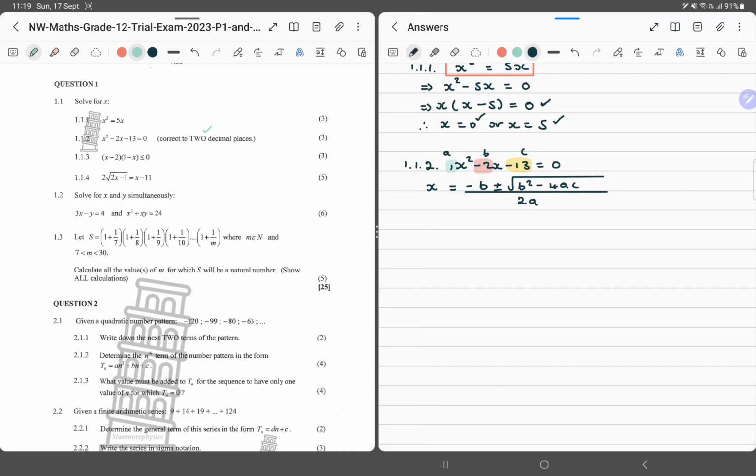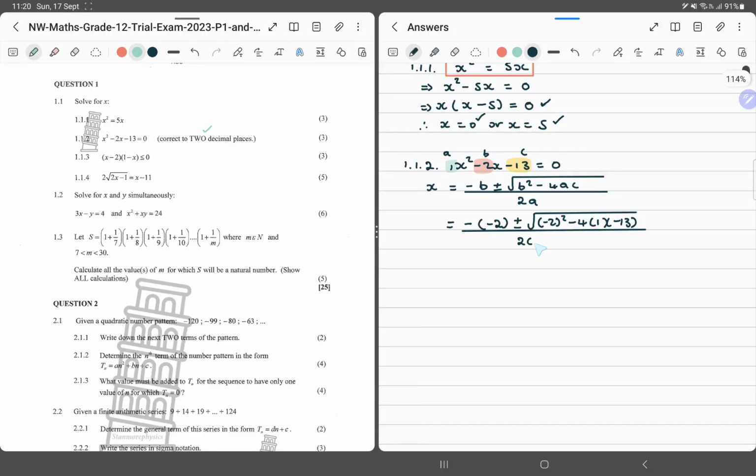Okay. So always take the signs along. So we substitute. Minus into, this is now minus 2, plus or minus the square root of minus 2 squared minus 4 into 1 into minus 13.